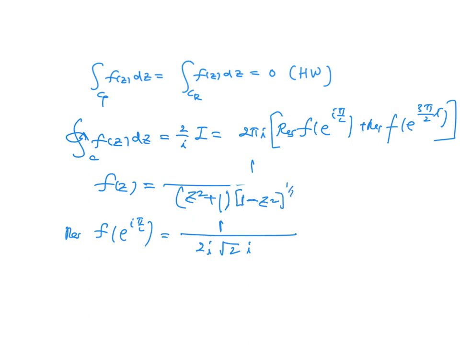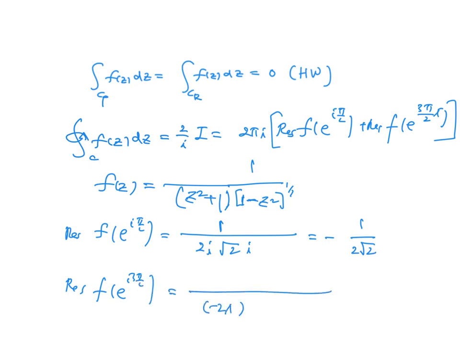So we have I, so minus 2 square root of 2. And the residue f exponential I 3 pi over 2 becomes minus 2I, but the evaluation of this 1/2 function gives minus I. So minus I square root of 2 is again minus 2 square root of 2.